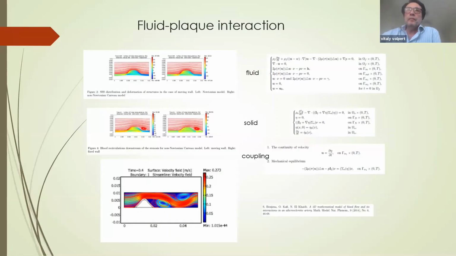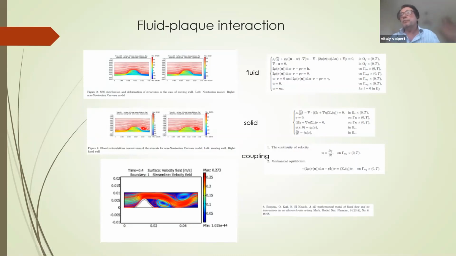It is what is called plug flow interaction. The lumen becomes more narrow because of this plug. You see this plug formation here. The path with flow becomes more narrow, and there is interaction between flow and the plug.